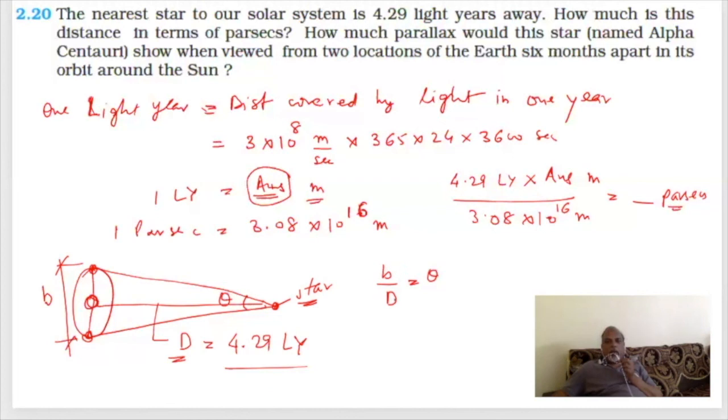It will be in radian, because this will be in meter, this will also be in meter, so it will come out in radian, and this radian can be converted into arc: degree, minutes, seconds. So this is question number 20.